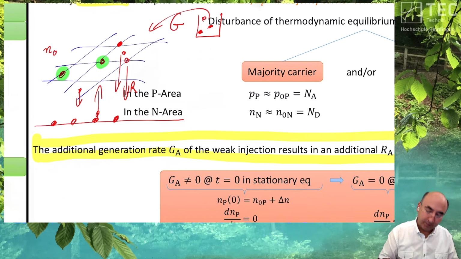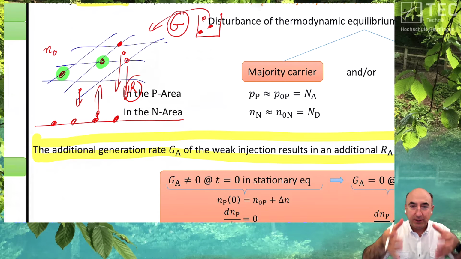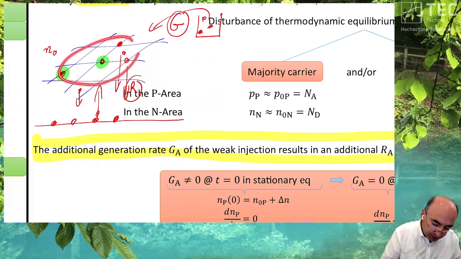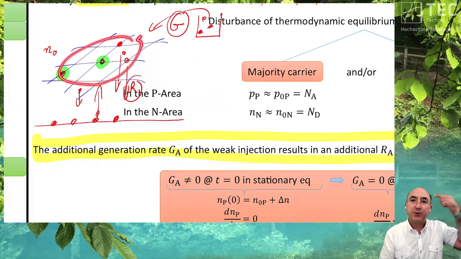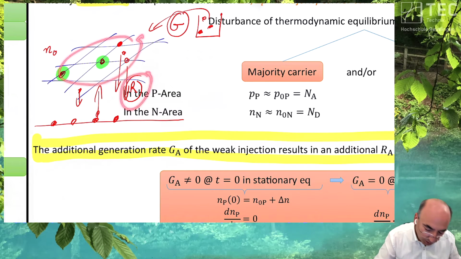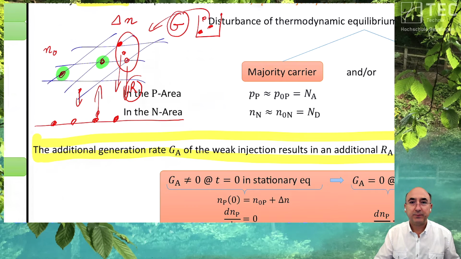You generate, you recombine. So if you generate additionally some number of particles per second, then the concentration on the grid is increased, but at the same time, the recombination rate is also increased because of this delta number of particles.